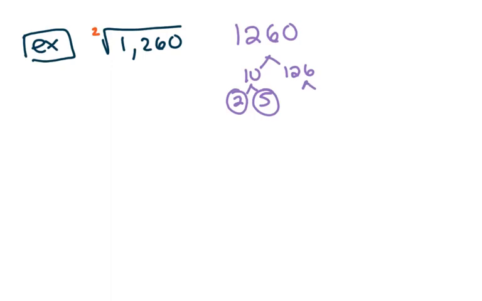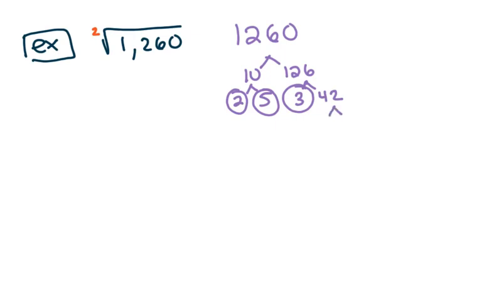126 can be broken down by 3. So 126 divided by 3 would give us 42. So 3 and 42. 3 is a prime number. And 42 I can break down further as well.